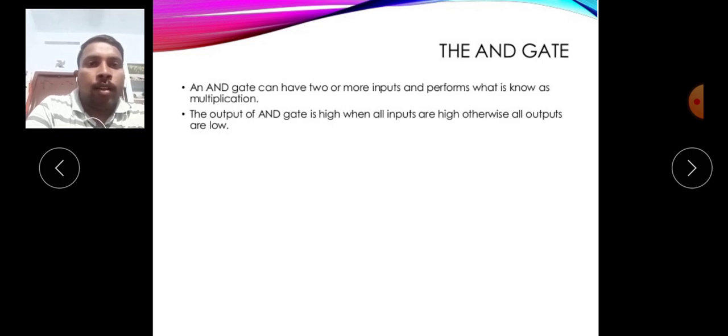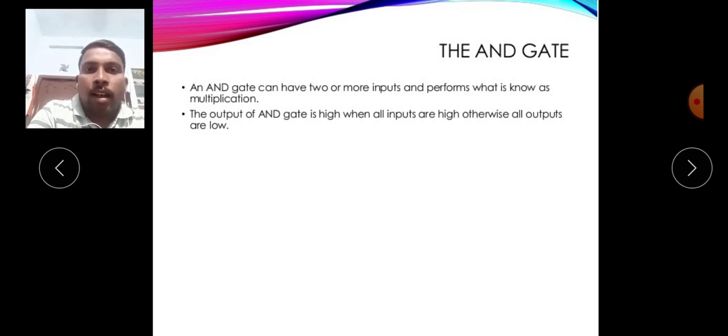Do you know the logic gates are five types: AND gate, OR gate, NAND gate, NOR gate, and NOT gate. The logical operations are based on the basic AND and OR gates.